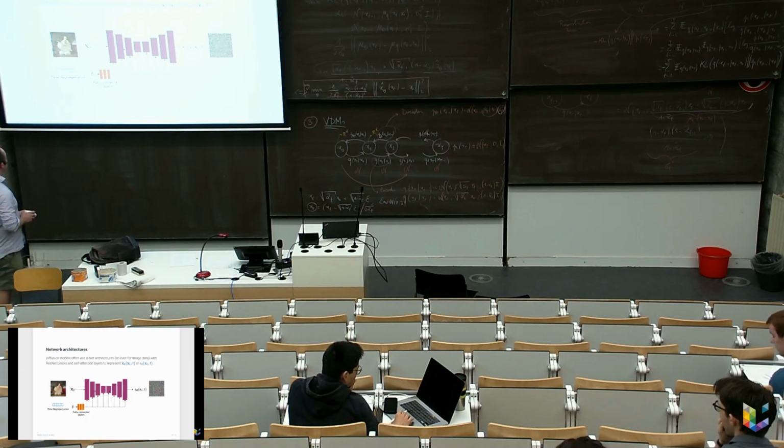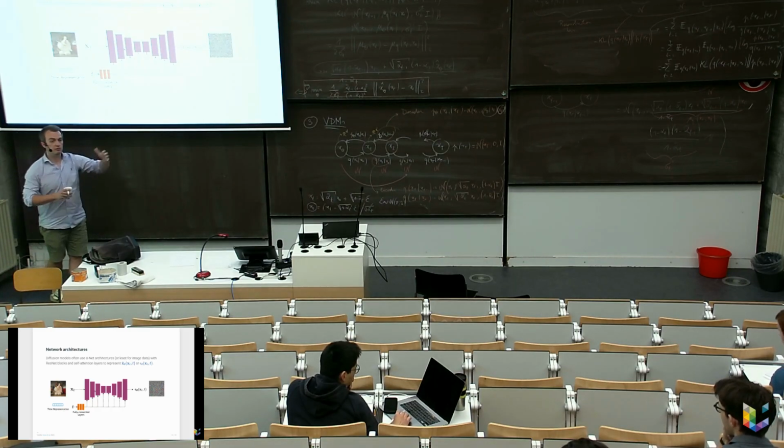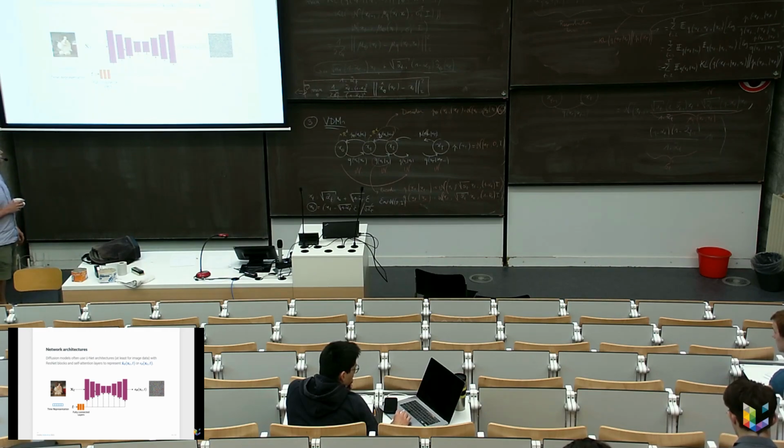There is still one little thing that we have to pay attention to, which is the fact that the neural network not only takes xt as input, but also the time step. So we have a very large image as input with a small scalar number next to it. If you just concatenate the image with the scalar, nothing will work very well.